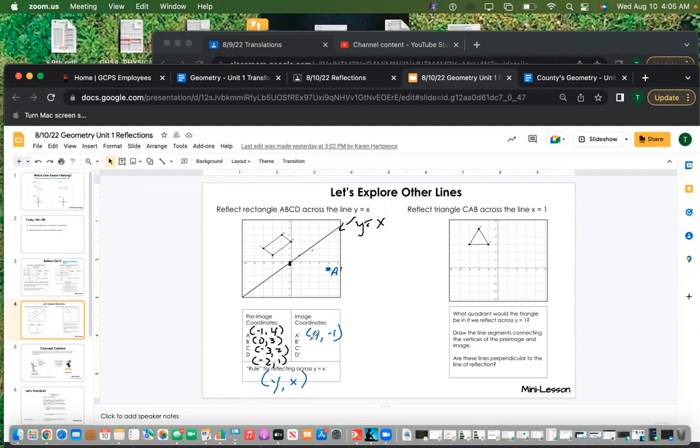This is going to be 3, 0. The next one's going to be 2, -3. And the last one, sorry, it's jammed up together, is going to be 1, -2.